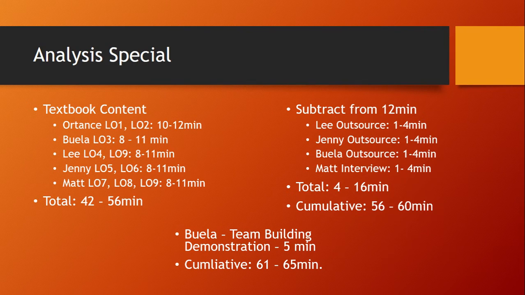So the most ideal speaking time is, for example, 8 minutes on textbook contents and only 2 minutes on your outsource, so a total of 10 minutes only. 12 is your deadline, but try not to go to 12 minutes total, because we need to make some space so that we don't go over 60 minutes.